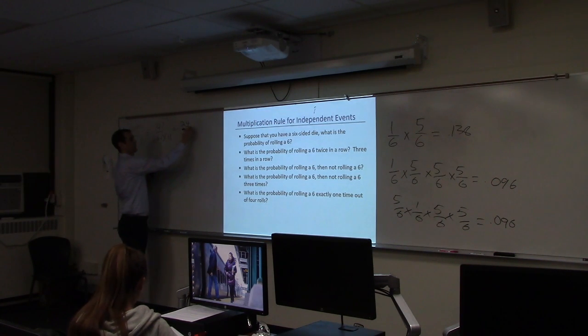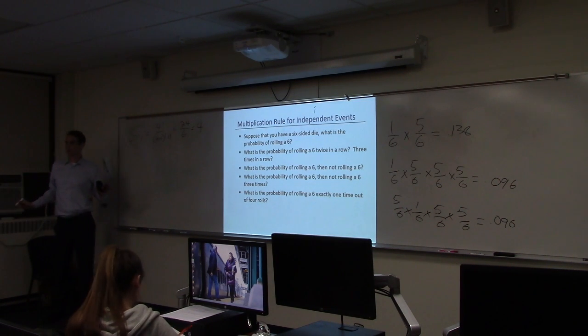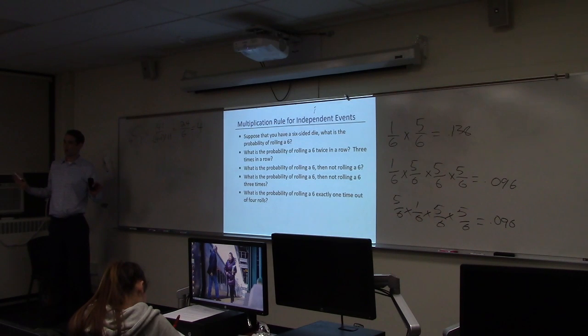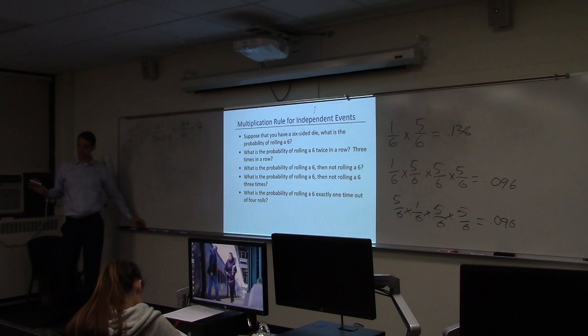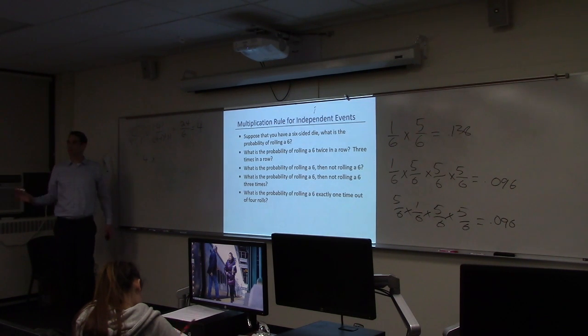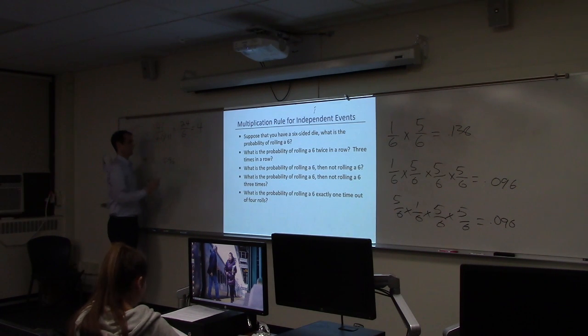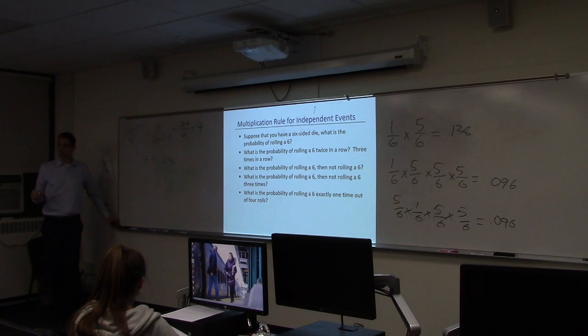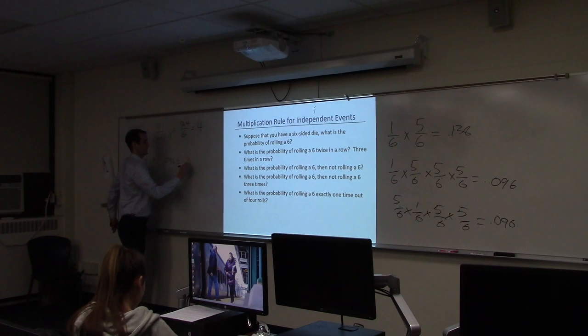So 24 over 6 is 4. So we know that there are 4 combinations of 1 out of 4 different trials. How we got to the answer is we took 4 times the probability of it happening each time, 0.096, and we got our answer of 0.38.